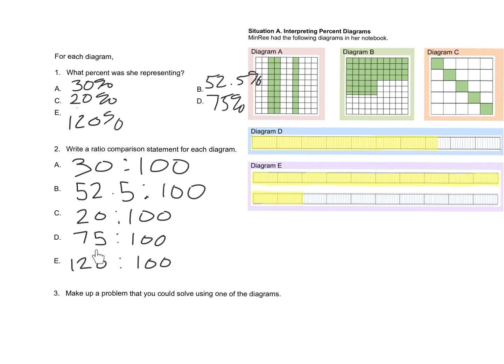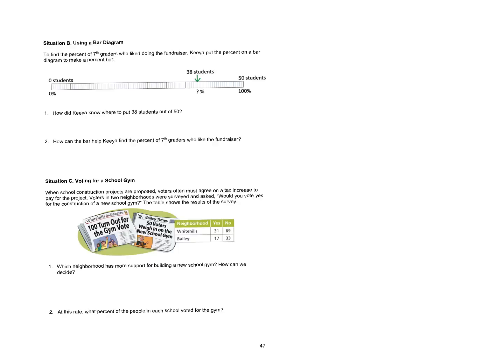For D, we might say 75 of the 100 slices are shaded. And for E, we might say for every 100 slices, there's 120 shaded. I'm going to skip the making up the problems on the video. Hopefully you came up with some good ones in class.